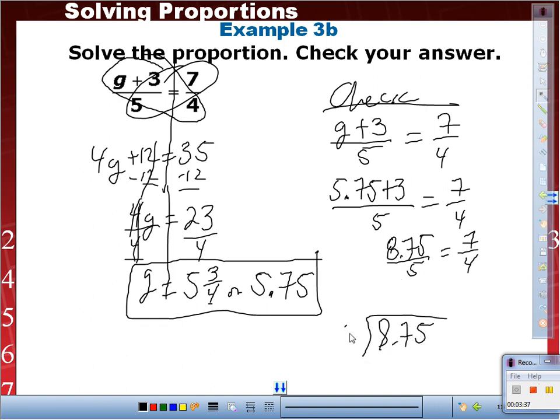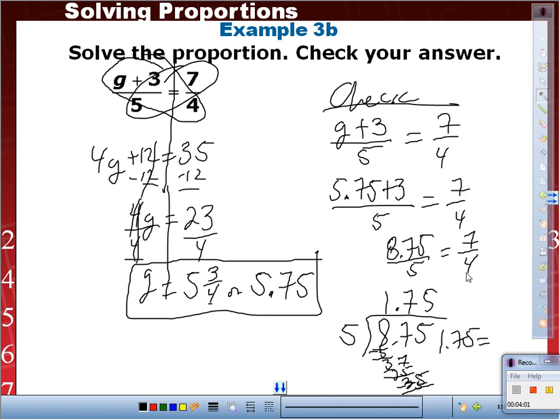8.75 divided by 5. It's in there once. Subtract, that's 3. Bring down the 7. It's in there 7 times. 35, subtract, that's 2. Bring down the 5, so this is 5. And we're done. So this is 1.75.